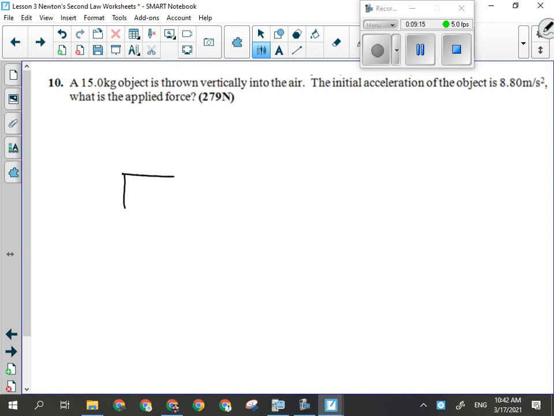If I throw something vertically, how many forces are acting on it? 2. The applied force of the throw and gravity. But when I say I've thrown something in the air, people forget about the force of gravity. If I say this is an elevator, they remember gravity. If I say I throw it up in the air, suddenly it's magical and all it is is me throwing it. So we have to remember that that's the case here.